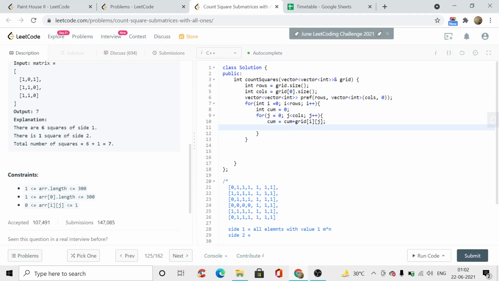And now what is the prefix of i and j is equal to prefix of i minus 1 of j plus cumulative, whatever the cumulative is up to now. Okay, this is okay, and we need to add this constraint, like if i is 1, then we will do it, otherwise it is just cumulative.